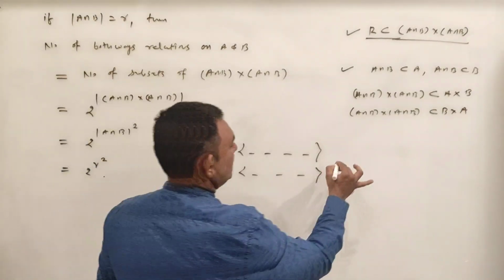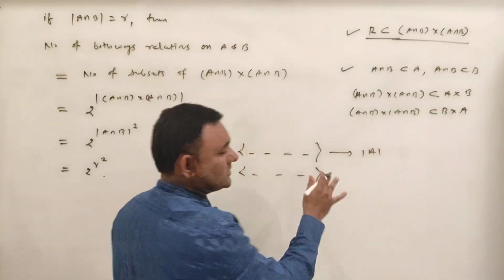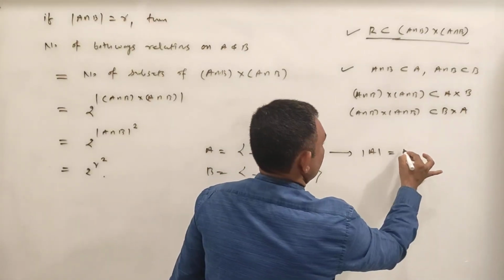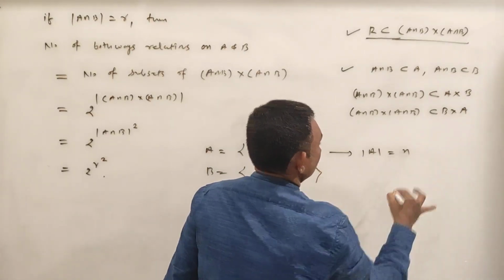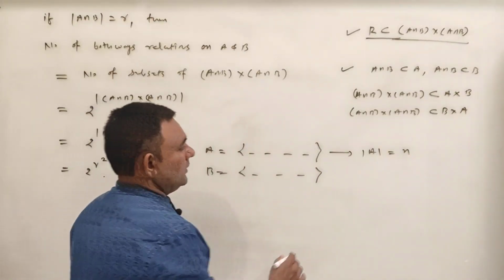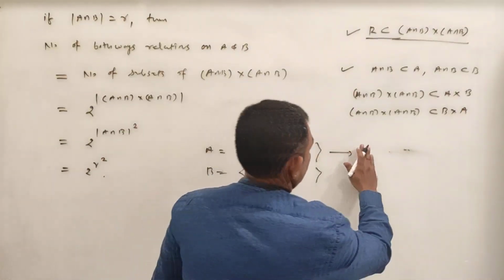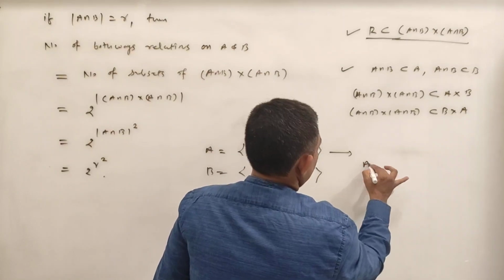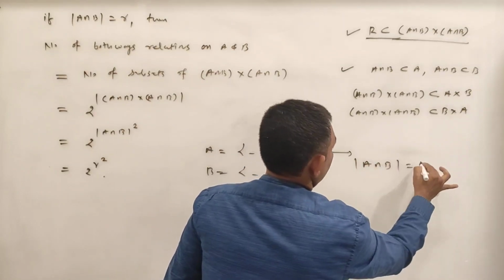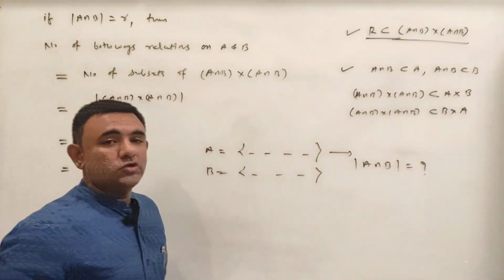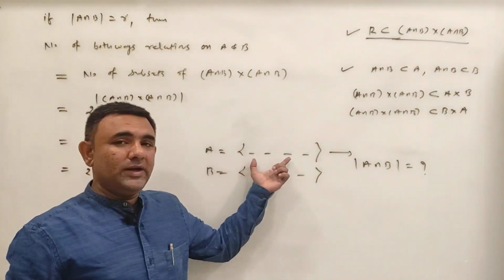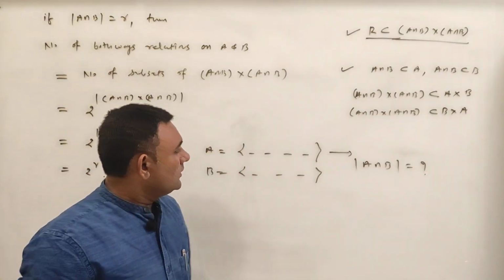So you just find out, from here set is very simple. Okay, you just find out number of elements in A intersection B is what, and for that you have to find A and B exactly, and it is very easy.